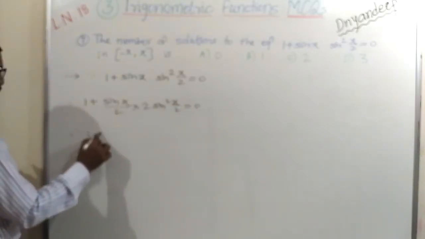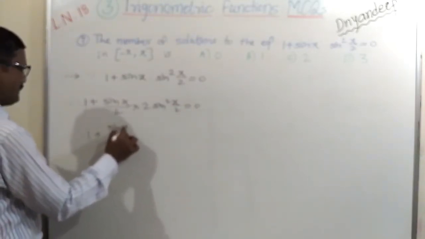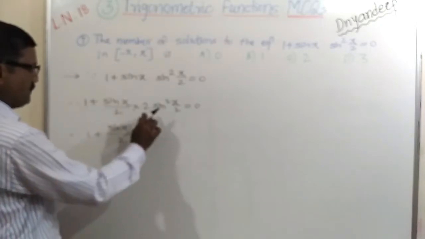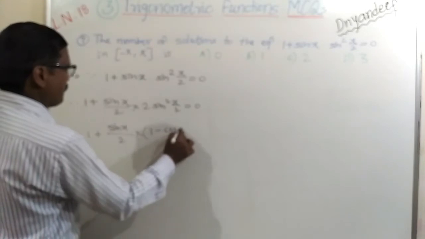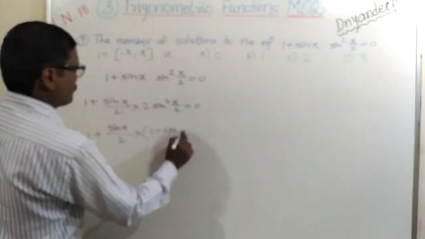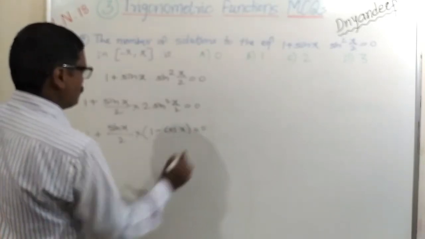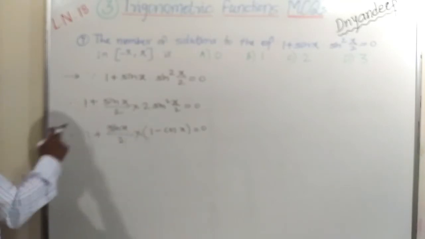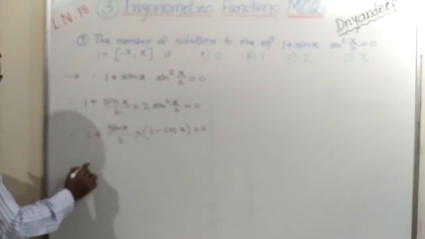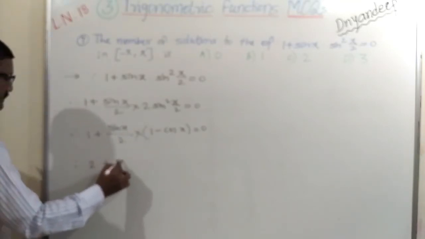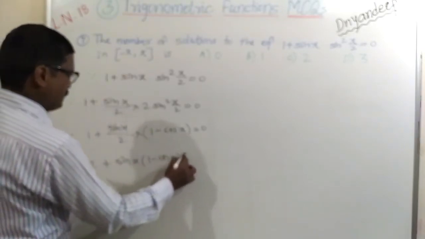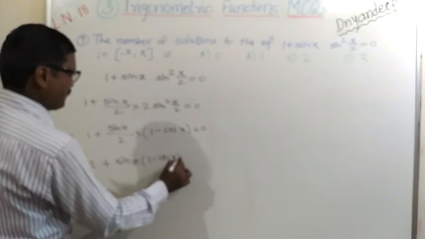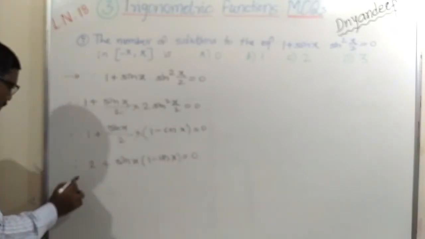Therefore (1 + sin x) into 2 sin²(x/2) is nothing but 1 minus cos x, that is equal to 0. Now multiplying by 2, we get (2 + sin x)(1 - cos x) = 0.